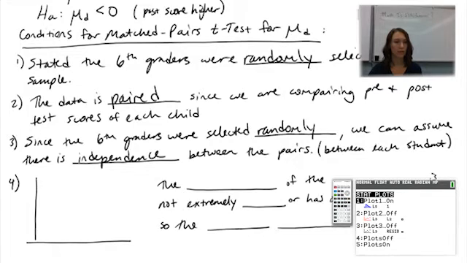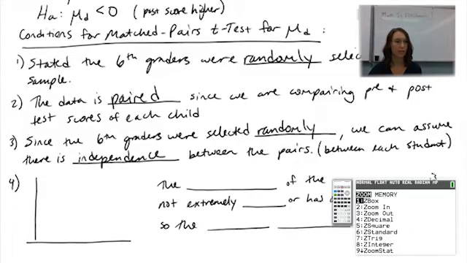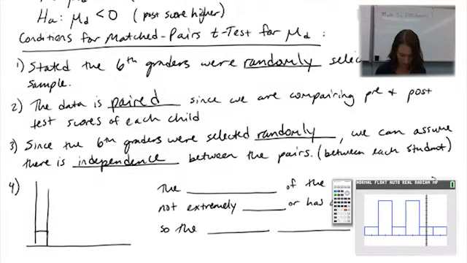Okay. So plot 1 is on. I'm going to go to graph. There we go. And then I'm going to zoom stat. There we go. Okay. So here's my histogram of the difference data. I want to just sketch this really quick. It doesn't have to be perfect.